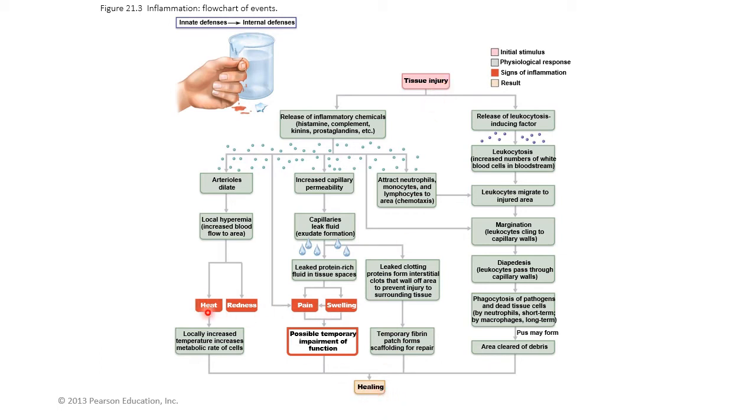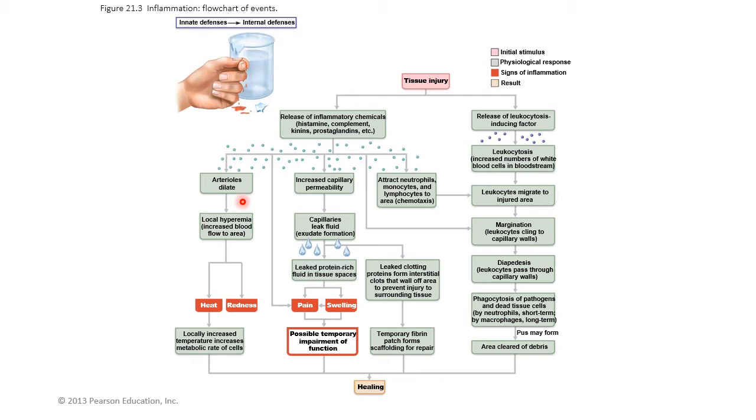The red boxes indicate the four cardinal signs of inflammation: heat, redness, pain, swelling. And these are the physiological responses to this initial stimulus of tissue injury. So when tissues are injured, they release inflammatory chemicals, and some of those are histamine, complement, kinins, prostaglandins, all involved with inflammation. There they are. They look like little salt crystals being sprinkled around, and they cause a couple of things to happen.